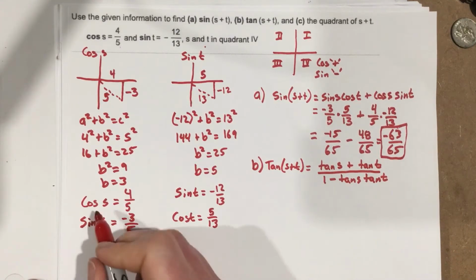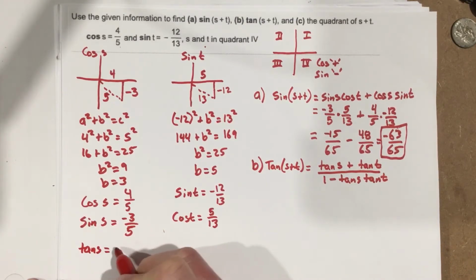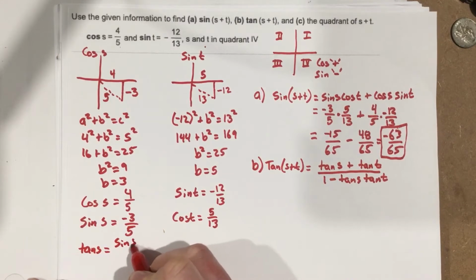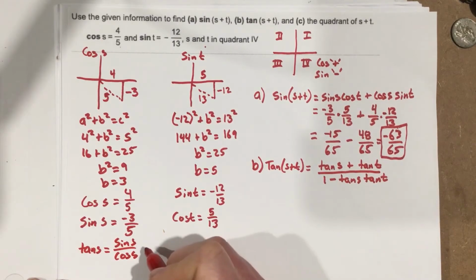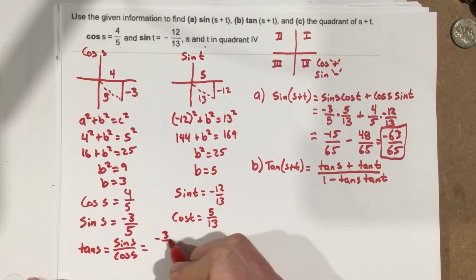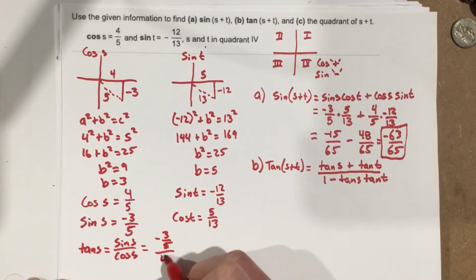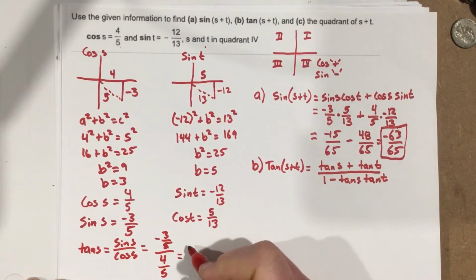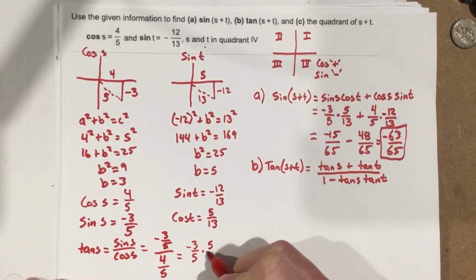We know that tan s is going to equal sine s over cosine s. Right? That's just an identity that we all know. So we can say that that is negative 3 over 5 over cosine s, which is 4 over 5, which we can write as negative 3/5 times 5 over 4, right?